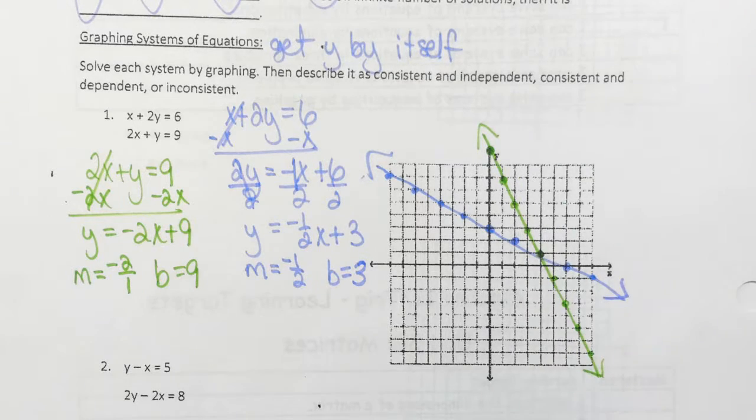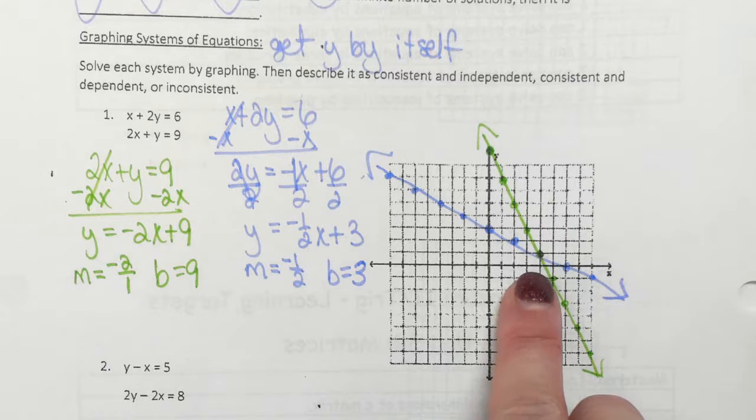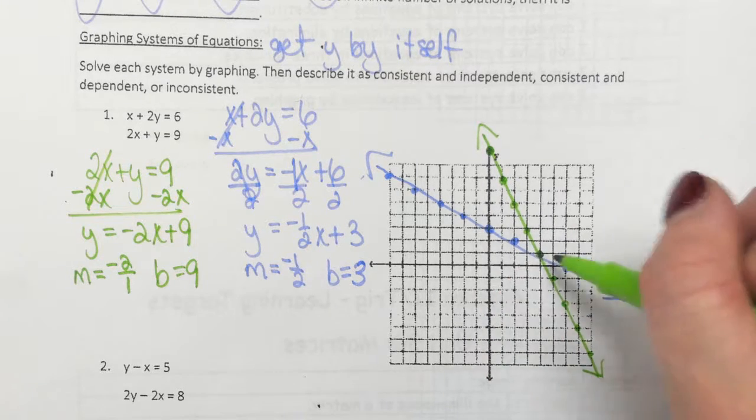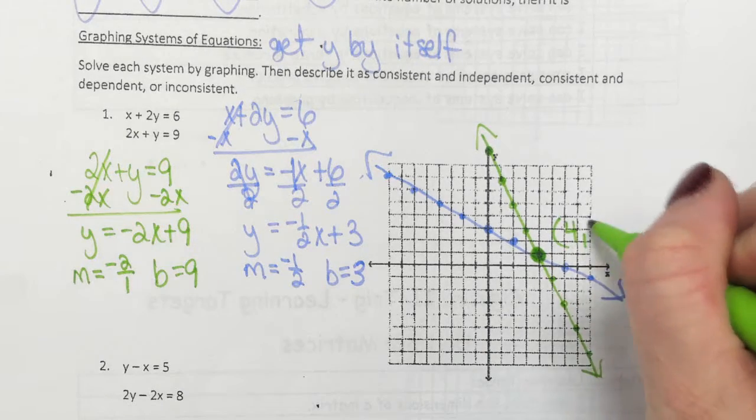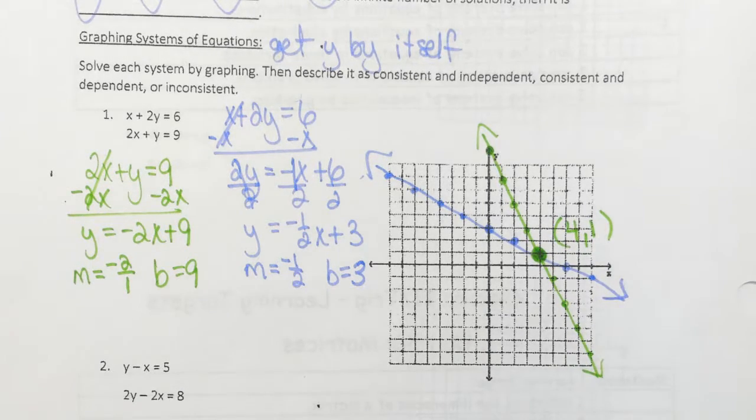So the whole point of doing that is so that now you can see this point where they cross is where they're both equal. So what is that point of solution right there? 4, 1. Perfect. Which means if you were to plug in 4 and 1 into both those equations, they would be equal right there.